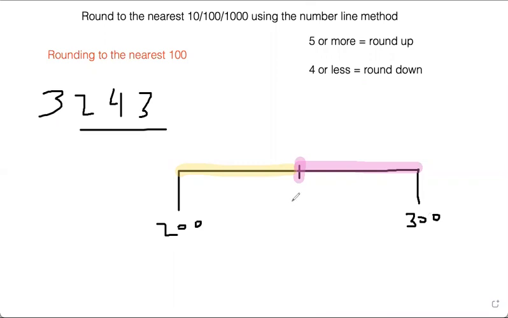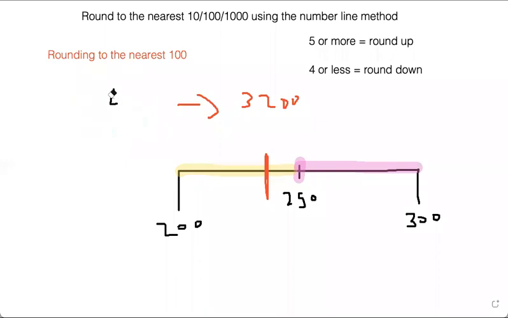Mark on the halfway point, 250. If it lands on here or goes past here, it rounds up. If it's before here, it rounds down. Mark on 243, which is around about here. So it is in the yellow, it's 4 or less, it rounds down. So 3,243 to the nearest 100 would be not just 200, but 3,200, like so.